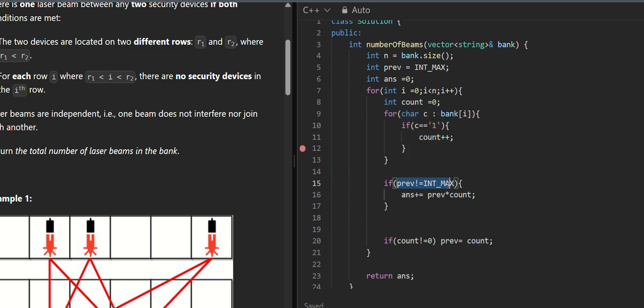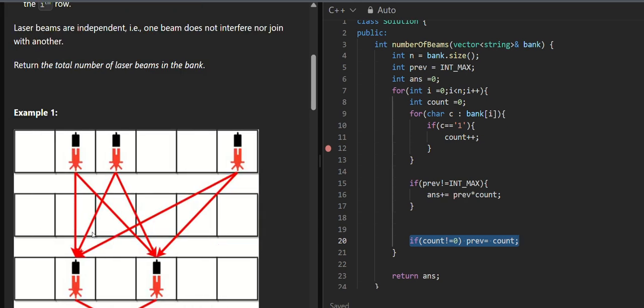If previous is not equal to INT_MAX, meaning I am not seeing security devices for the first time, I add previous into count in my answer. This condition applies if count is not equal to 0. For the second row you can see my count is 0, so I would not change my previous, because my previous would be 3.